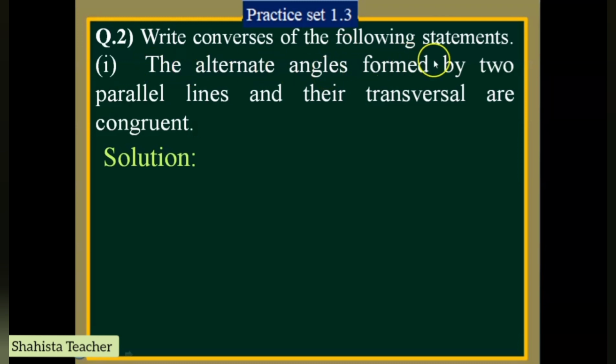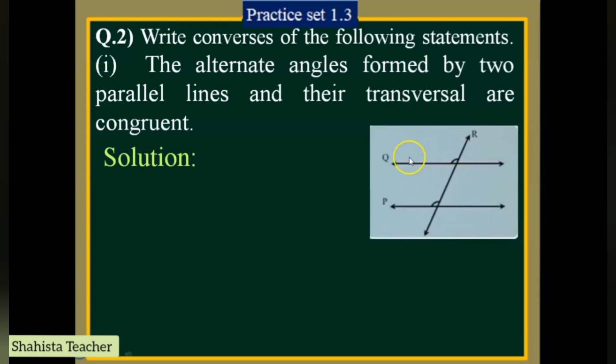The alternate angles formed by two parallel lines and their transversal are congruent. So students, observe this diagram carefully. When two parallel lines are intersected by one straight line, that line is known as a transversal line.